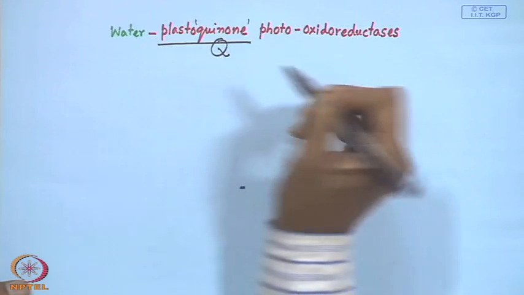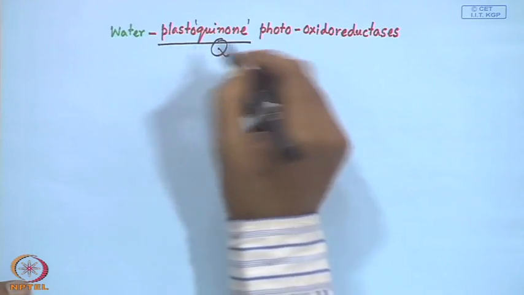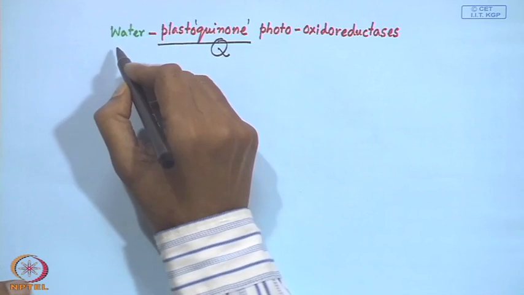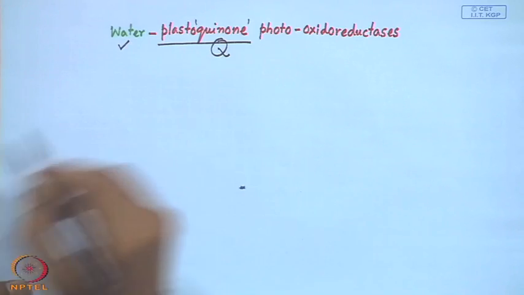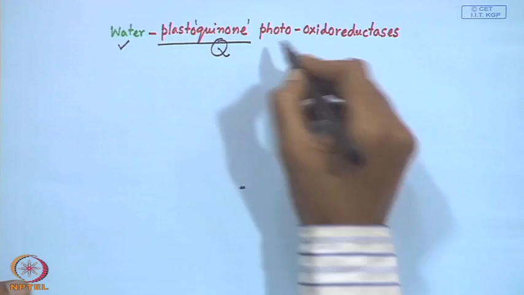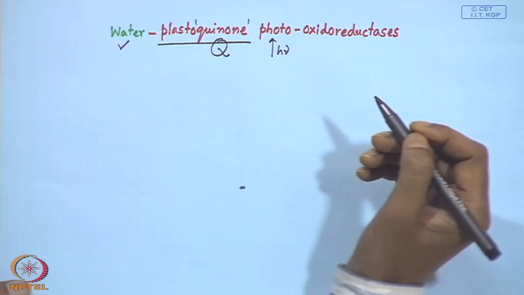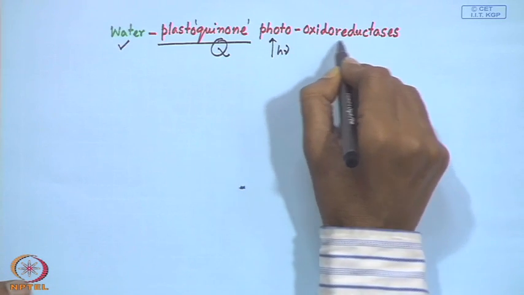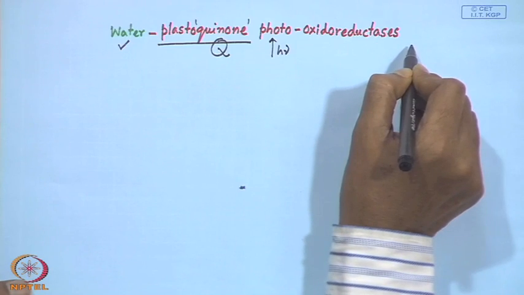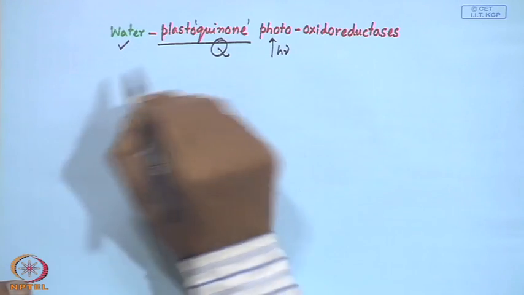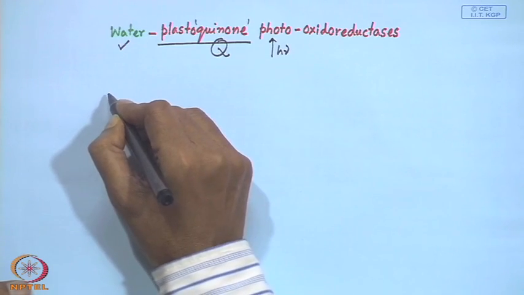So, if you have a catechol quinone conversion, the catechol quinone type of species is responsible for interacting with the water molecule, which is controlled by irradiation, and we are looking for some oxidation reduction reaction. This is a very big name, but what are these? You have water.